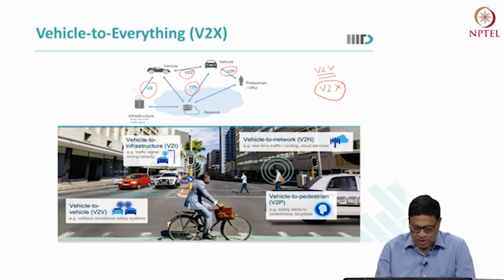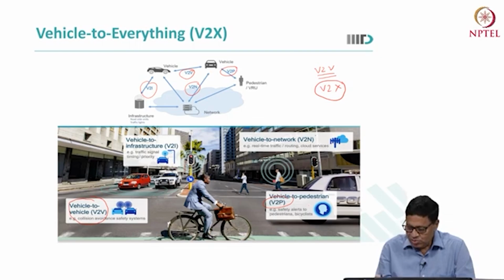So this is a pictorial view of V2X, wherein you have V2V communication. Basically, it is avoiding collision, and it has safety systems built into it. And then you have vehicle to pedestrian, safety alerts to the cyclist or the pedestrian.